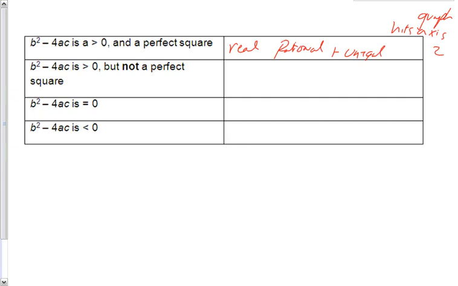So this time it hits it 2 times because of the unequal. If it's not a perfect square, it's still real and unequal, but it's irrational. You still hit the graph in 2 places. If it's equal to 0, it's real and rational and equal this time. This one only hits it in 1 spot.